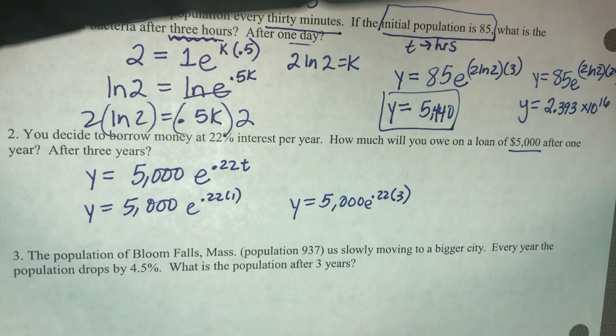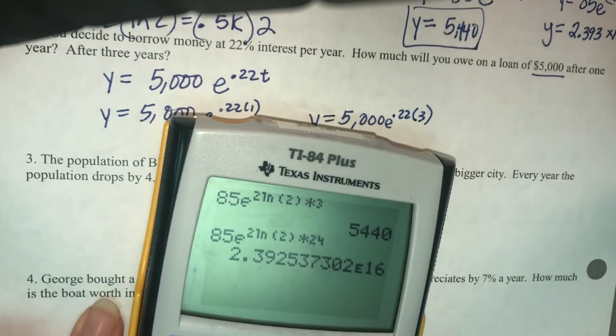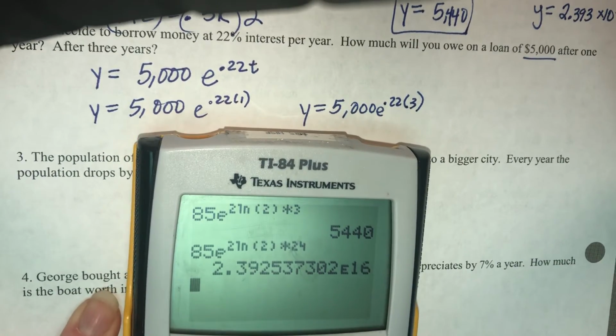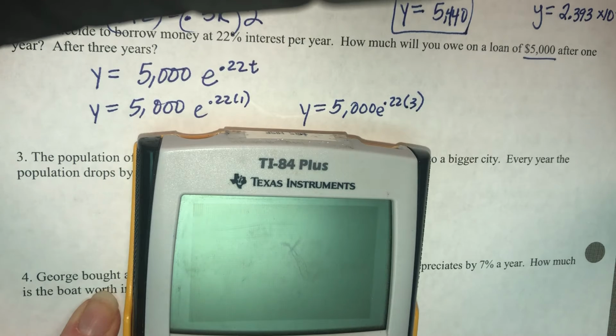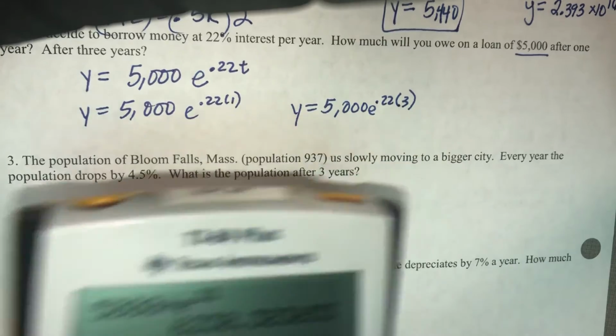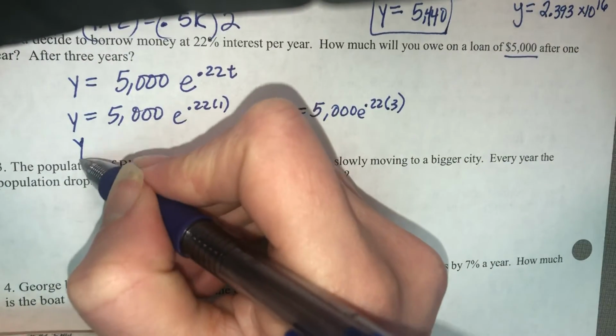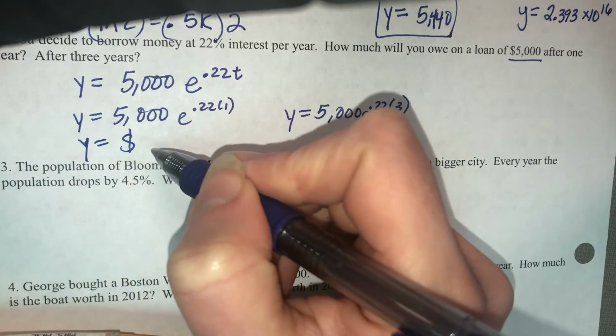And that'll give us our 2 answers. So, clear this out. 5,000 times e to the power of 0.22.